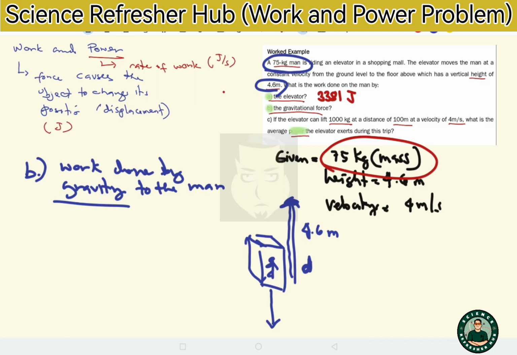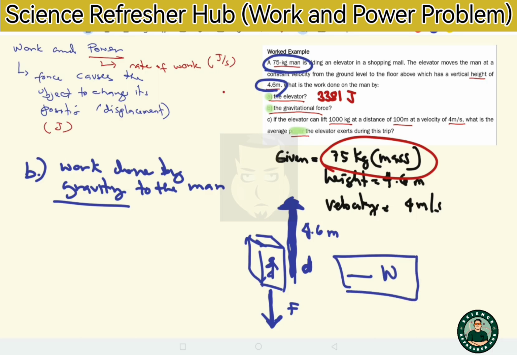Very clear, right? Upward. But our gravity is going downward. So if the force direction of gravity is downward, displacement of the object is still upward. As the elevator goes up, different direction, our answer should be negative.